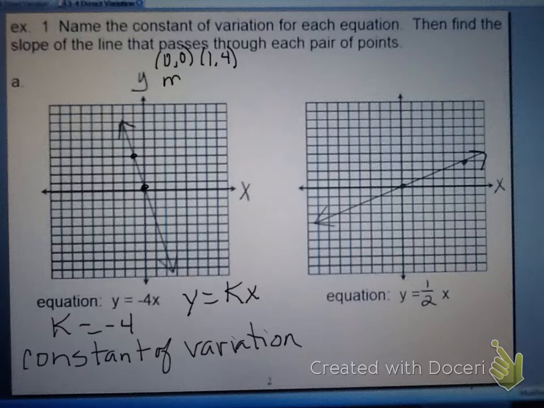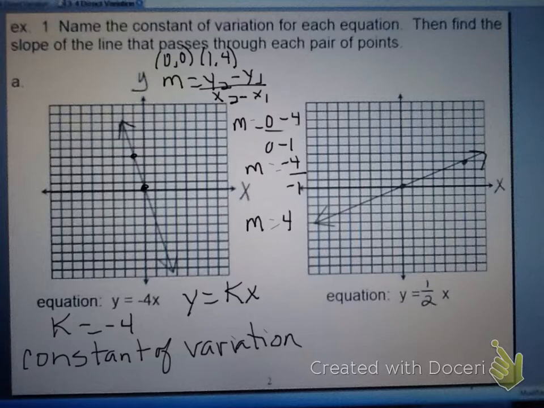If we were going to find the slope using the slope formula, the slope is 0 minus 4 over 0 minus 1. So the slope is negative 4 over negative 1, which is positive 4.